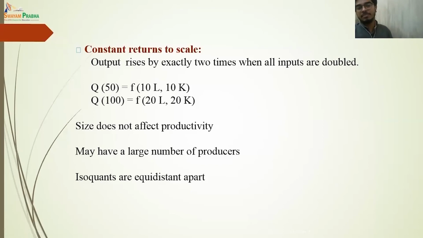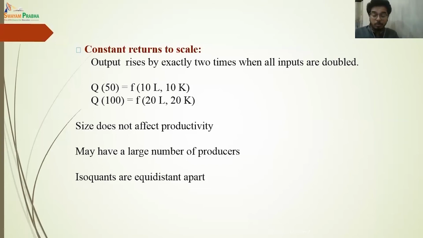Constant return to scale, very easy to understand. I have 10 labors and 10 capital. I multiply them by 2, and hence my quantity of production should increase from 50 to 100.